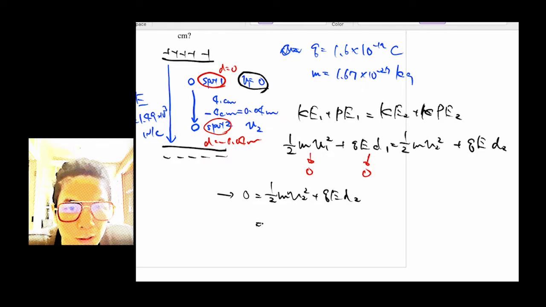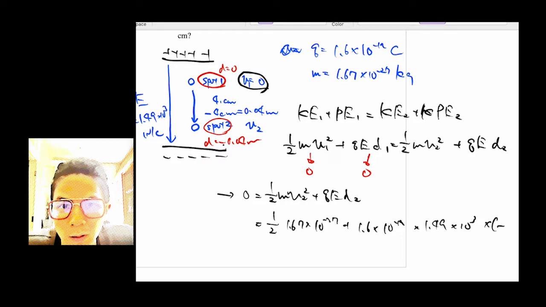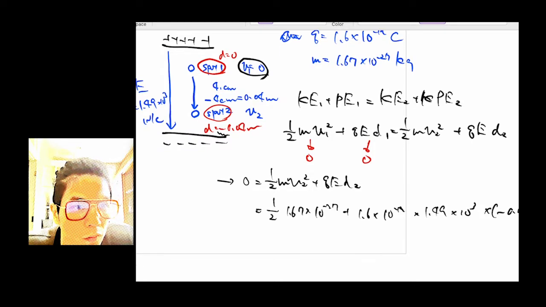Okay, let's just plug all the values into here. Then you're going to get 1.67 times 10 to the negative 27th, multiplied by 1.6 times 10 to the negative 19th, and the electric field is 1.49 times 10 to the third, and the distance is, remember that this is a negative number, 0.04.